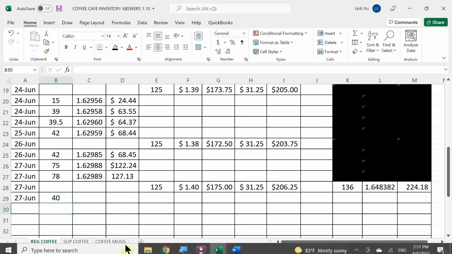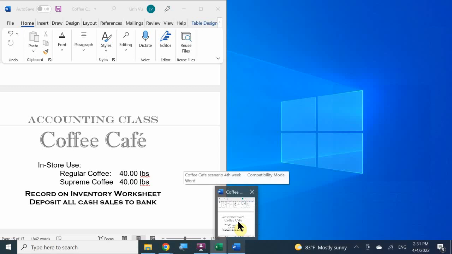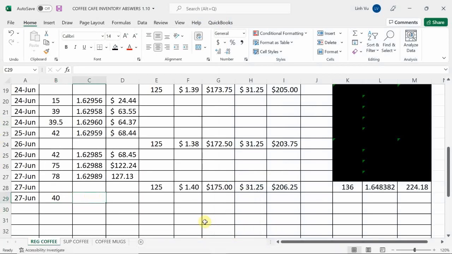I used 40 pounds of my regular coffee, which cost me 1.64838 per pound. So what's my total cost of goods sold here?